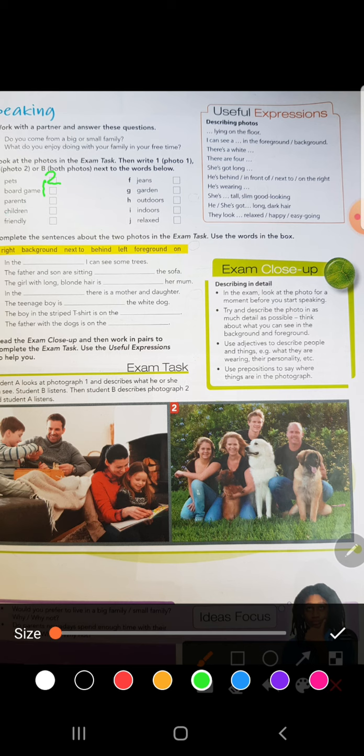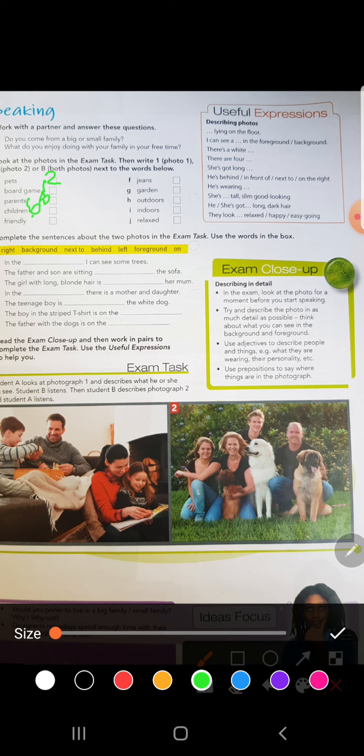Parents. In photo number 1, here we can find a mother, father, also in number 2. So we have to write B, which means both. Children, also we can see in photo number 1 and photo number 2. So also we have to write B.